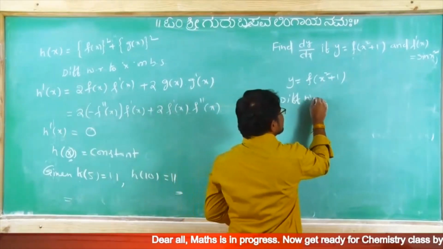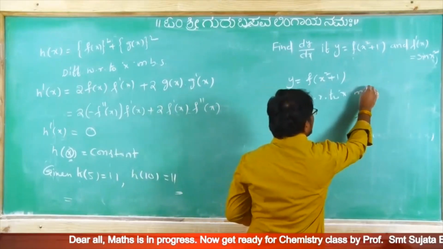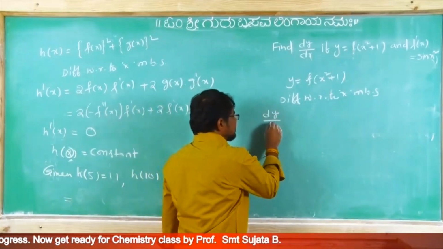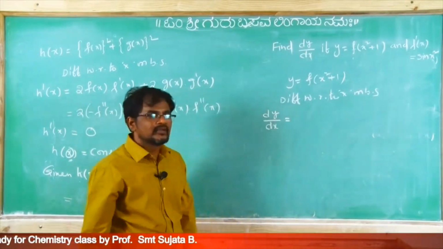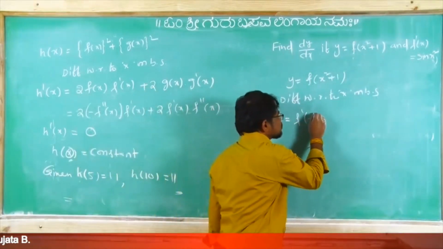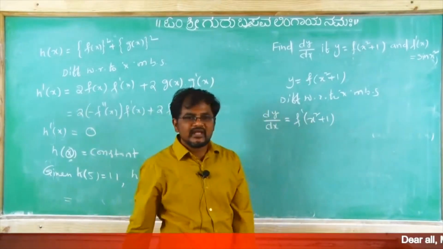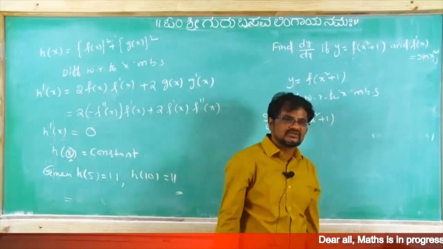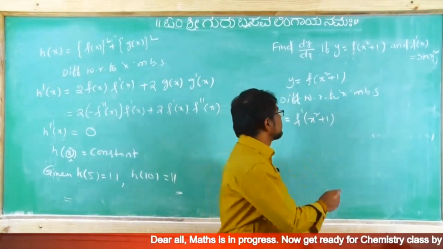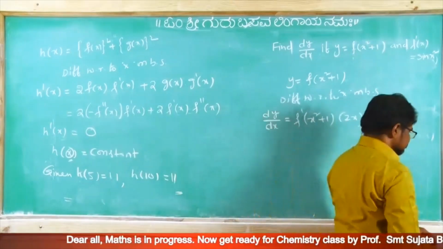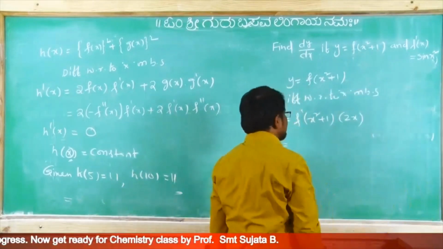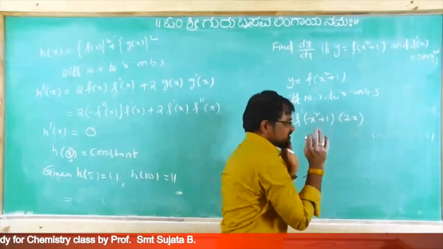Differentiating with respect to x on both the sides, dy by dx equal to f dash of x square plus 1. Again we have to do the differentiation for x square plus 1. What is the differentiation of x square plus 1? 2x. Now it has 2x.